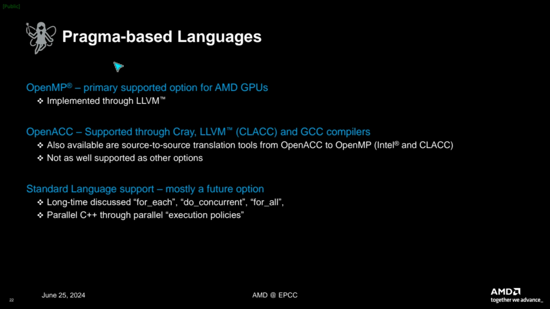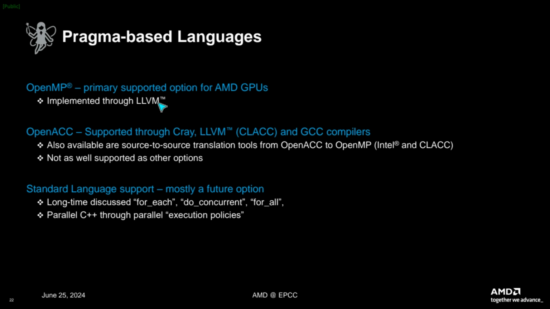And it's implemented using LLVM. We've been working with LLVM for longer than I believe any other vendor. And most of the compilers are now moving over to LLVM. So Intel has moved over to LLVM. NVIDIA compilers moved over to LLVM. Cray, their C and C++ are moving over to LLVM.